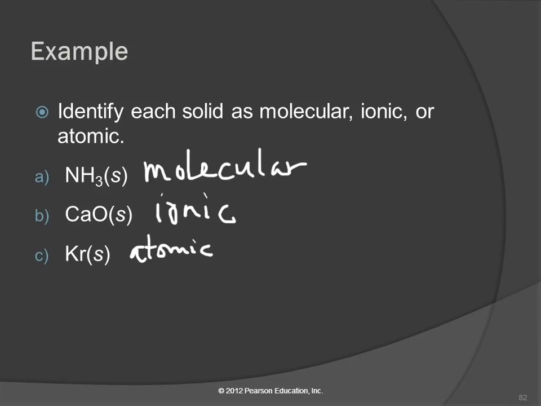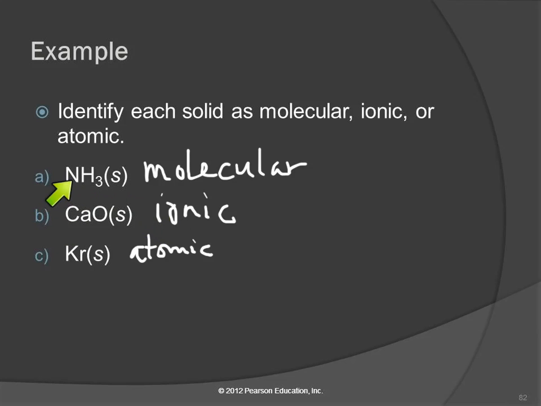So a question like this should be easy to answer. Don't make it more difficult than it is. Just look at the substance. If it's an element, if there's one capital letter, it's atomic. If there's a metal, it's ionic.